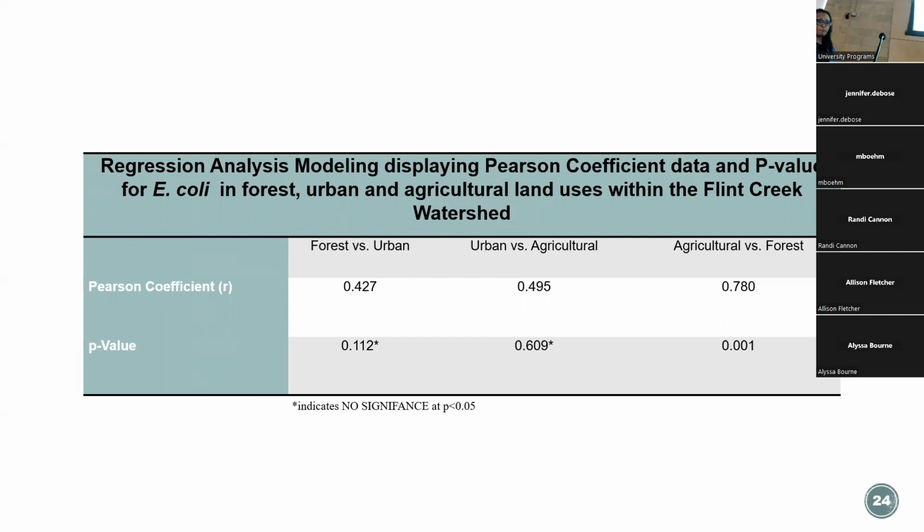So Pearson's correlation coefficient and the p-value data were also calculated to identify these possible relationships between the managed land use areas in relation to E. coli, and to determine if there was any significance in these relationships. So the degree to which the specific land uses are designated within a catchment can serve as an indicator of the possible water quality impairments or impacts, because of the strong relationships between the land use activities and non-point sources of pollution.